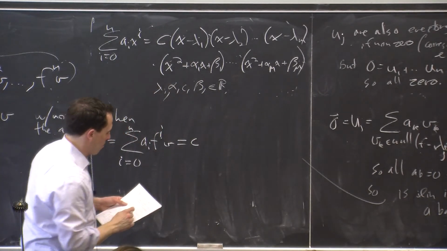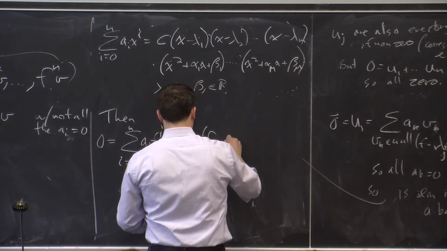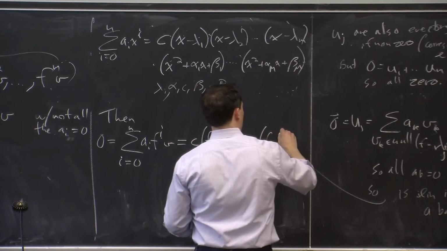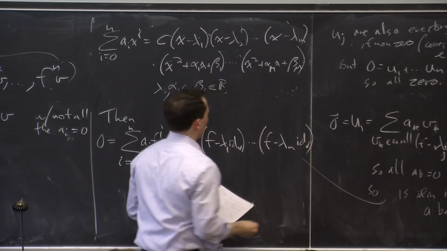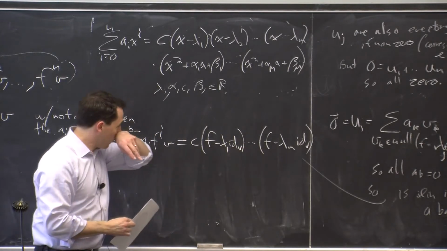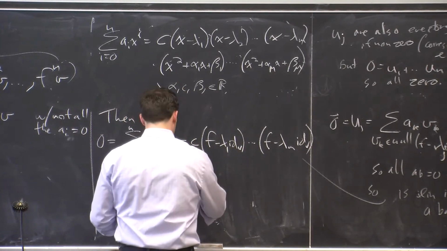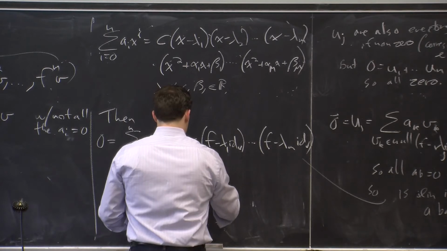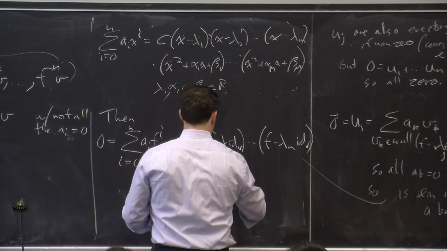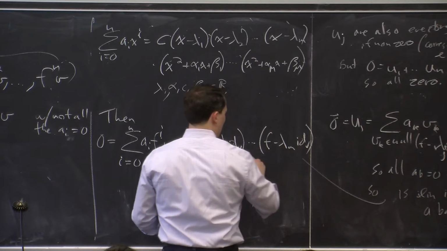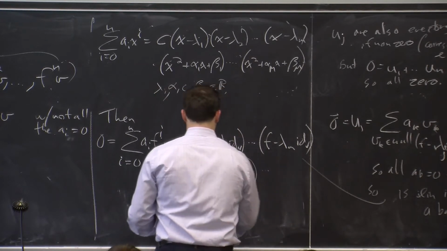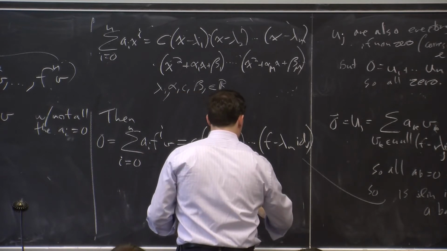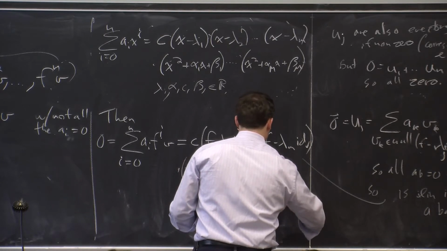Well, the scalar times f minus lambda 1 times the identity, up to f minus lambda little m times the identity. These are the linear operators on V which correspond to the eigenvalues. And then I do the ones that correspond to the square terms: f squared plus alpha 1 f plus beta 1 times the identity, up to f squared plus alpha m f plus beta m times the identity.